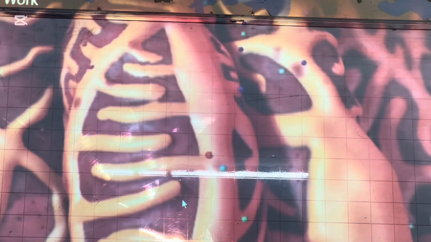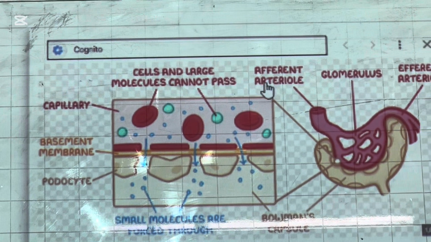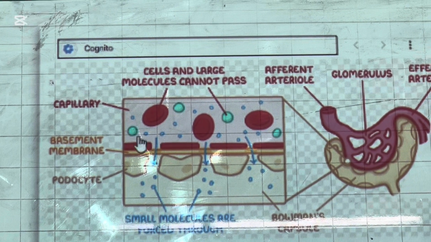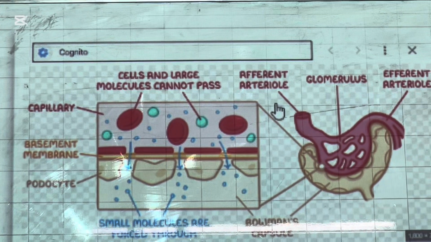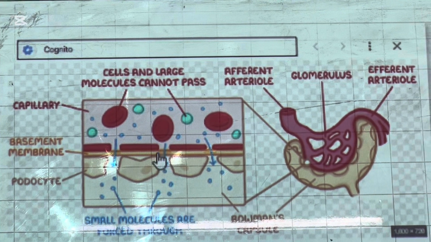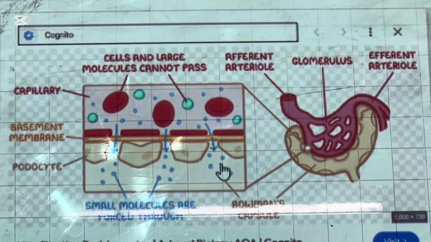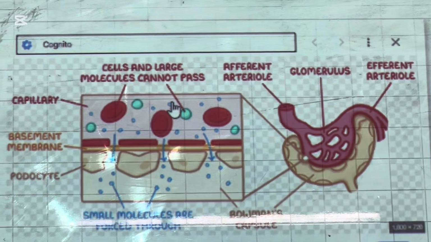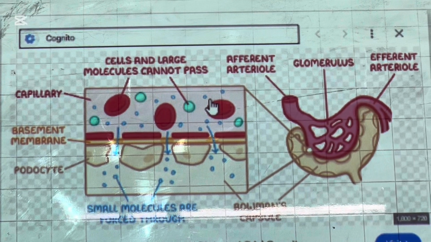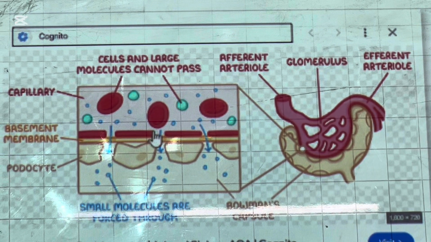So these filtration slits in the visceral layer of Bowman's capsule will prevent the loss of cells and large proteins from the blood. They get retained in the blood, and only the small molecules such as solutes, including nitrogenous waste ions, excess solutes, and water are filtered through the filtration slits.